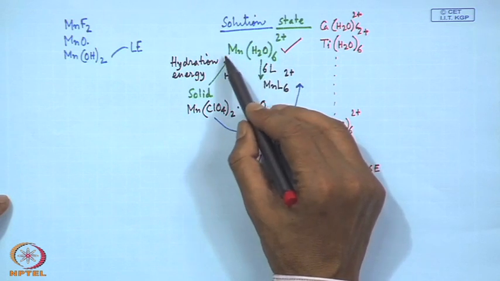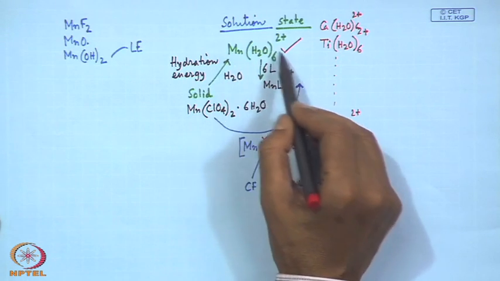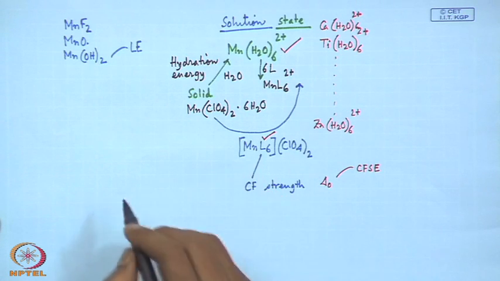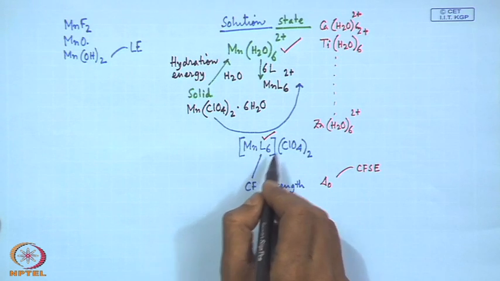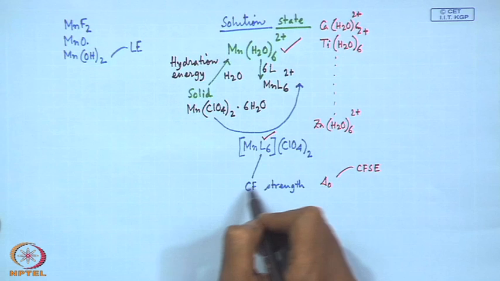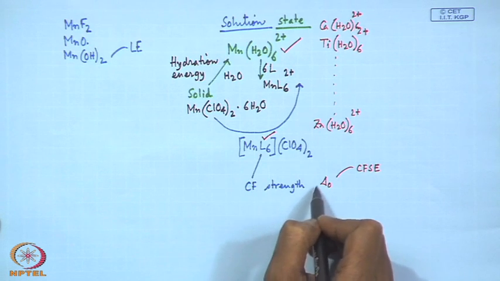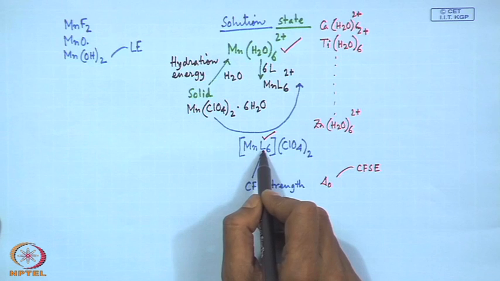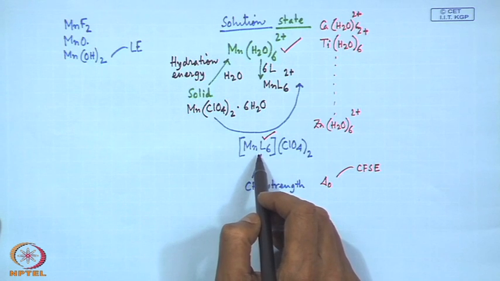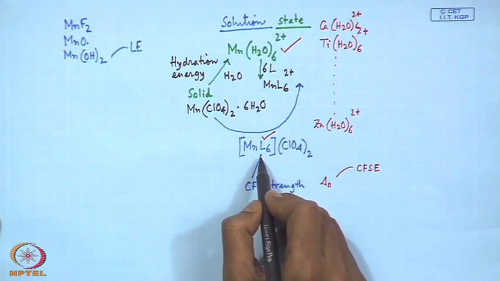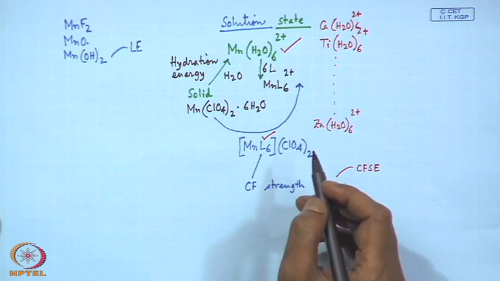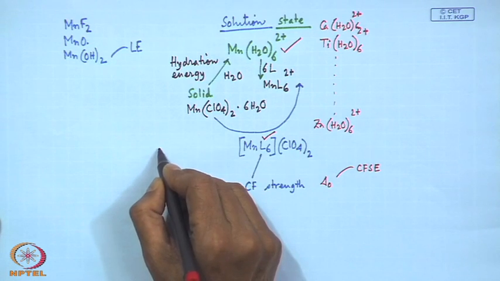So, if it has a very high energy contribution towards the formation of these species, and if the energy contribution towards the crystal field stabilization due to the presence of the L group, the second step of interaction, is not enough, it may not be possible all the time to substitute all the 6 water molecules from the coordination sphere.